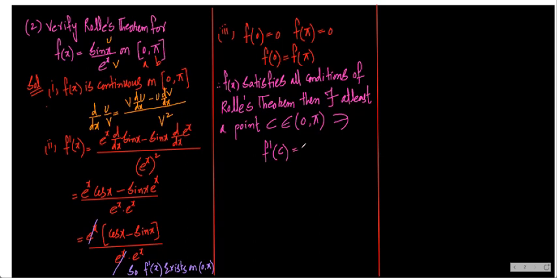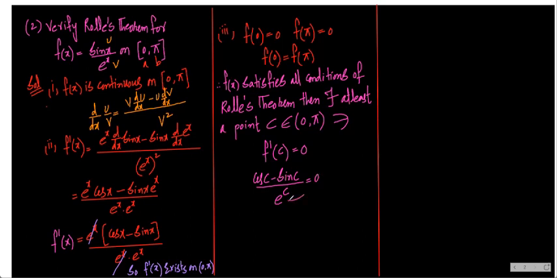F dash of C value we get from our f dash of x value. So simply if you replace x with C, we are getting cos C minus sin C by e power C is equal to 0.